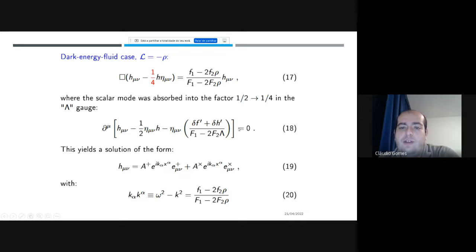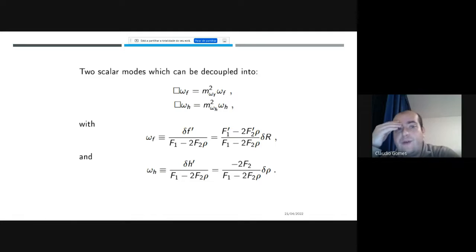When we used the so-called lambda gauge, we have a solution of this form. But now we have a different dependence in the dispersion relation. And in fact, two scalar modes can be decoupled from the trace of the field equations. One of them is related to the excitation of the curvature, and the other to the excitation of the matter field.